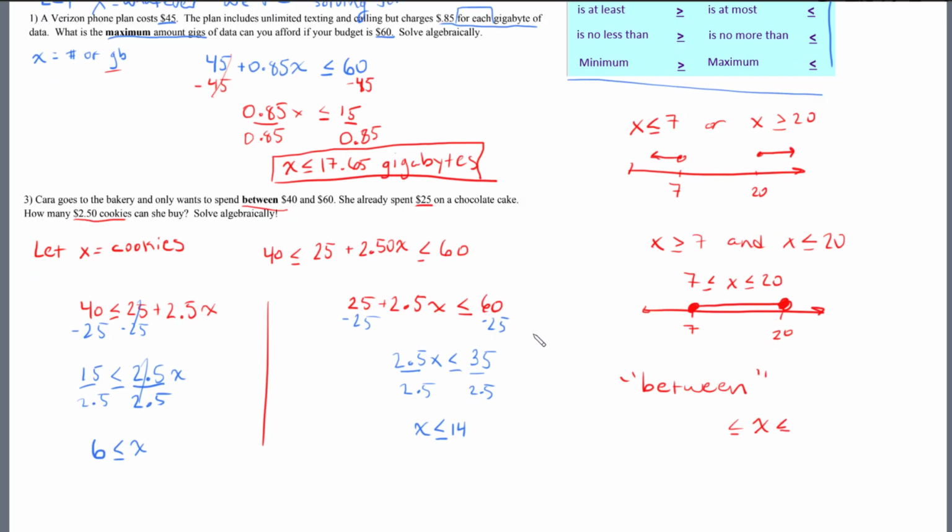Okay, and we're going to go ahead and put those back into one statement. So x is in between 6 and 14. Okay, now what are our units? Units are cookies. So Kara can buy anywhere from 6 to 14 cookies, plus a chocolate cake. That's not bad.